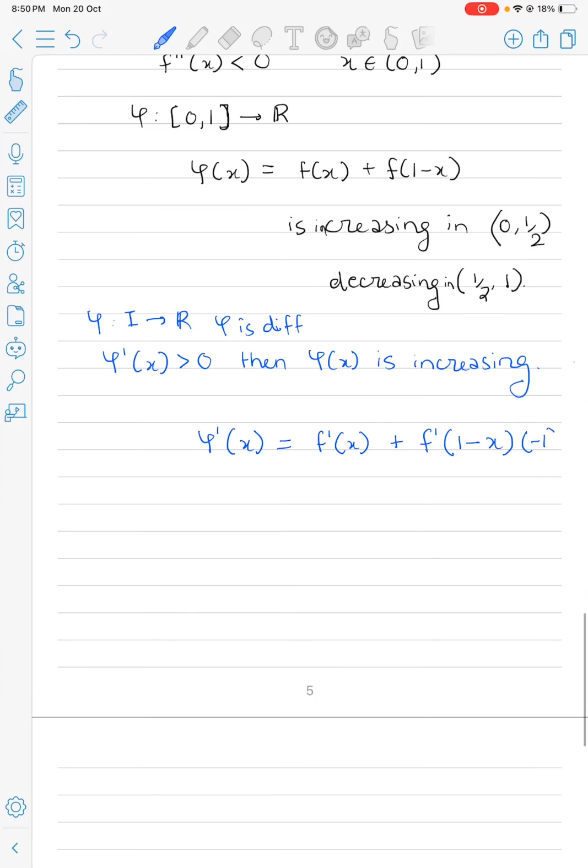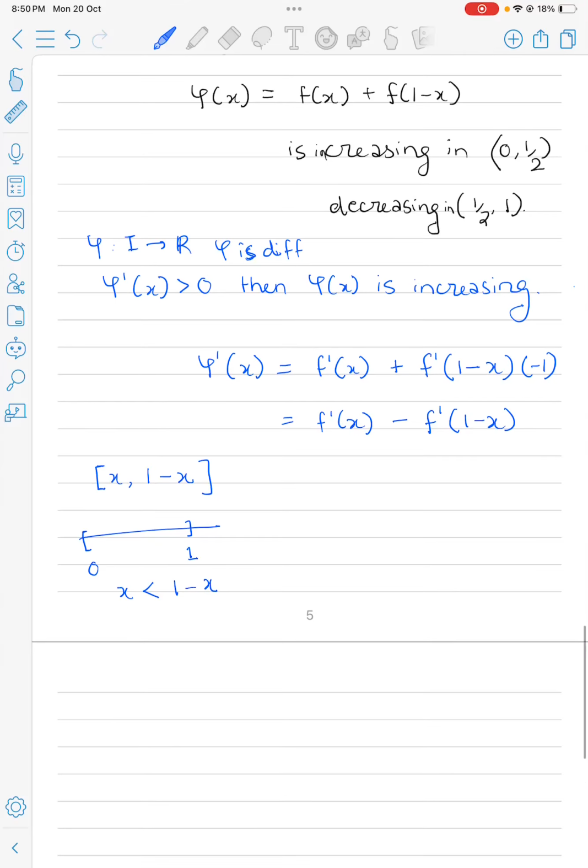So there will be a minus 1, so phi dash x is f dash x minus f dash 1 minus x. Now see that from x to 1 minus x, this is 0, this is 1. Let's say your x is smaller than 1 minus x.